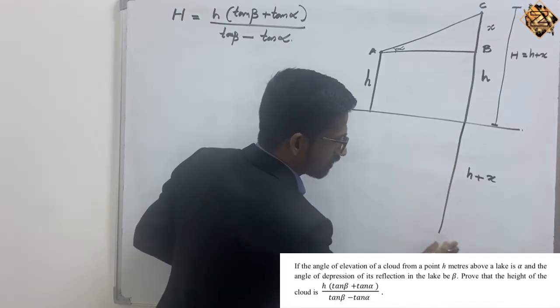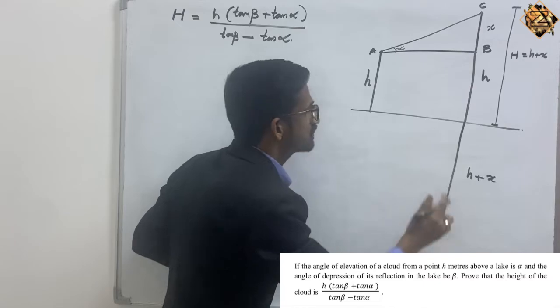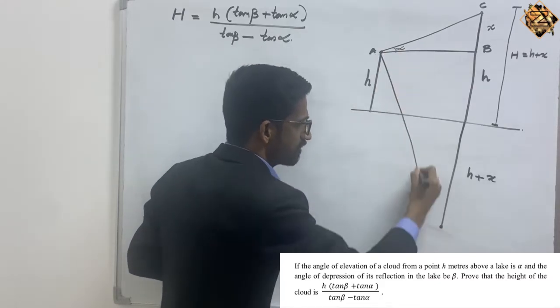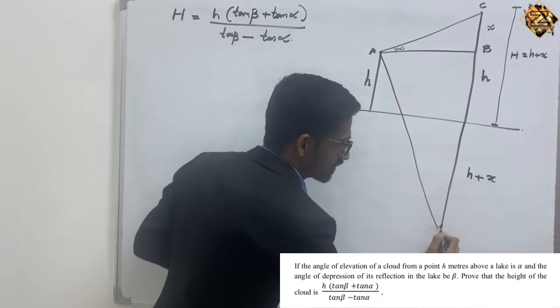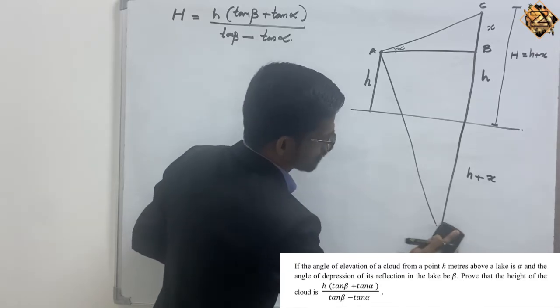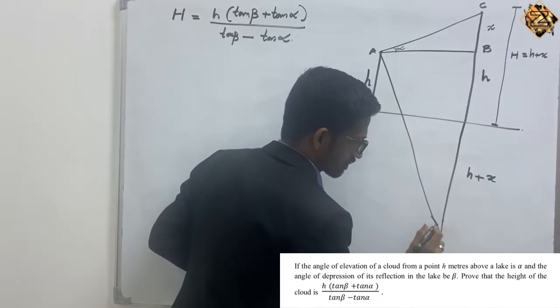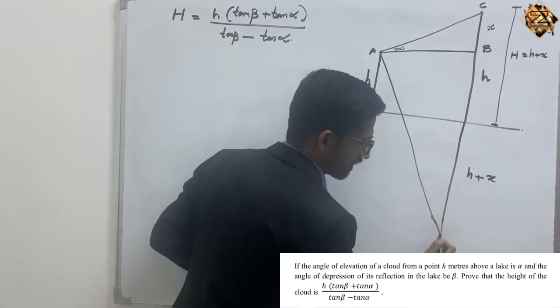So the angle of depression of the reflection of the cloud in the lake is what? Beta. So from here when we look into the lake, its reflection is found to be beta. Hope it is clear. So this is the reflection of the cloud.